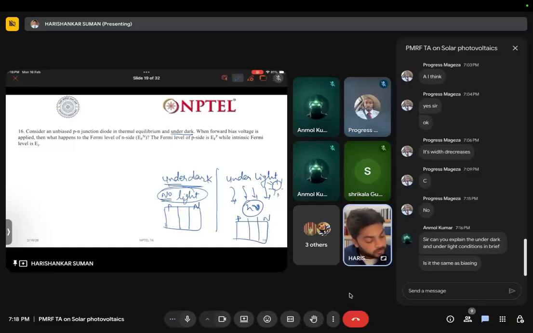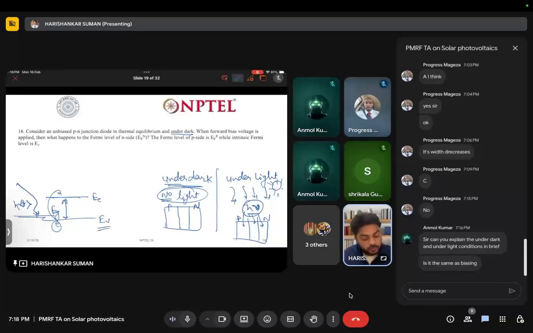So what will happen under light? This photon is hitting the material. If the incident photon, h nu, has energy higher than the band gap of the material, an electron is excited into the conduction band from the valence band.